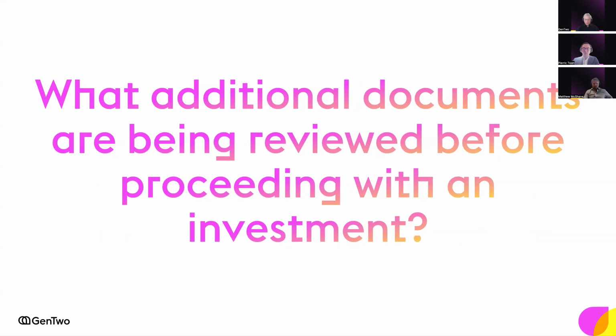What additional documents are being reviewed before proceeding with an investment? So we've already indicated the usual principal documents. Now we're discussing some of the additional documents. Comprehensive documentation is essential, and what we would typically see would be a shareholder register and a capitalization table, essentially to confirm the current ownership and to align the numbers on the current round of investment.